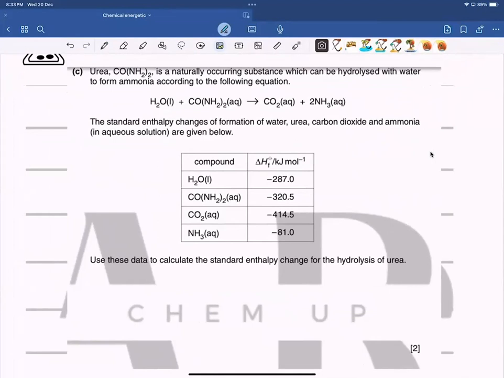Sir, in this we will write all the elements below, right? Because it's formation. Yes, because it's formation. Yeah, good. So you have to identify where you have to write the combustion products while making the Hess cycle and where you are going to use the elements. So it's formation, so elements. Good.